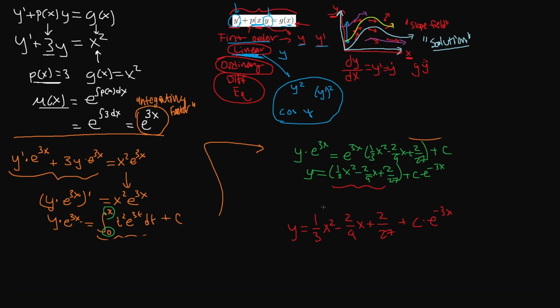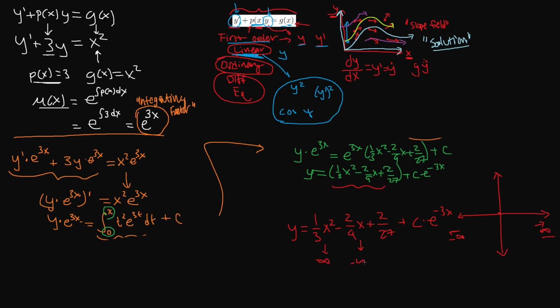So that's pretty cool. And we can use this to think about how our slope field would look. Let's think about how things tend to go when x goes to infinity or negative infinity. So when x is going to infinity, way over there, that's infinity, and way over there, that's negative infinity. The x squared term is going to infinity as x goes to infinity.